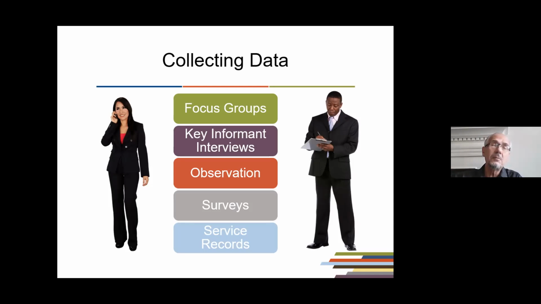Then observation, where you just kind of go and watch something to see how it may be changing over time. Surveys, as we talked about before, are just really ways to get snapshots of what's going on in a community. And then service records might be another type of data that is collected.